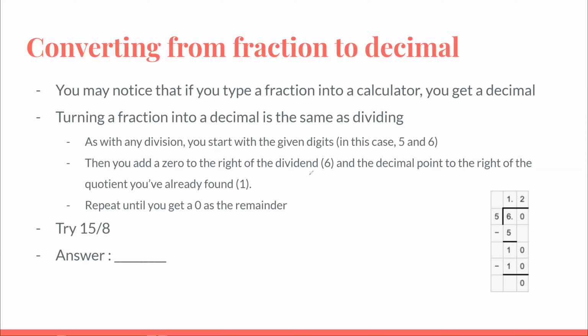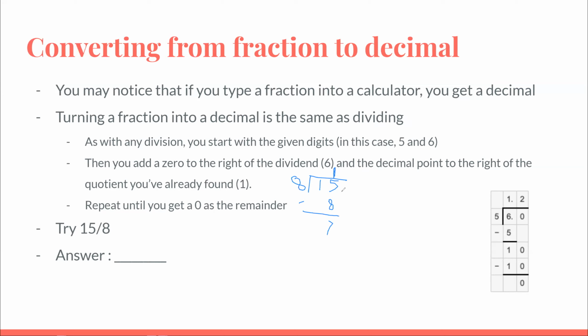So first you would set it up for long division, 15 divided by 8. 8 goes into 15 only one time. Then you would write 8 right there, subtract, and you would get 7.